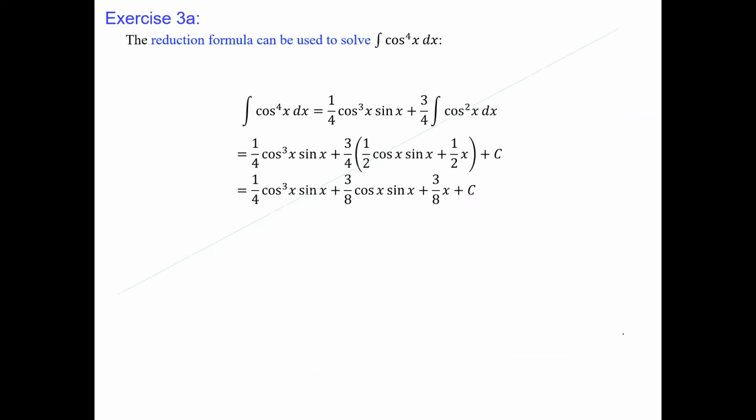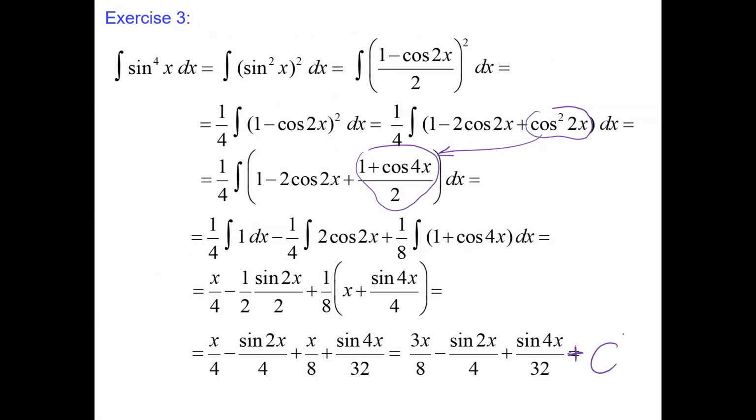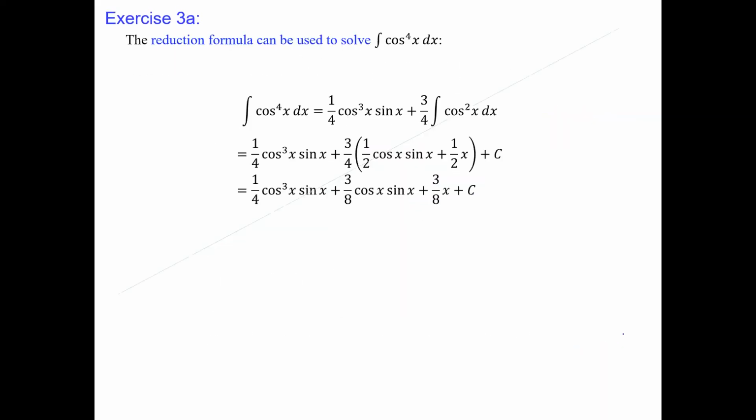Exercise number 4. Where is my exercise number 4? I have one comment. You may see reduction formulas in the textbooks, in our textbook, but we're not using this. We're not memorizing this. We may just use common sense: Pythagorean identity, half angle or double angle formula, and use substitution in case.